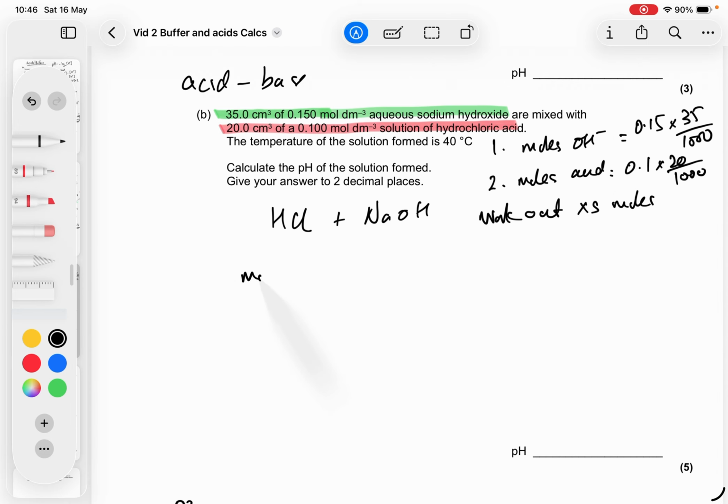So the moles of hydroxide is 5.25 times 10 to the minus 3, and the moles of acid comes to 2 times 10 to the minus 3.